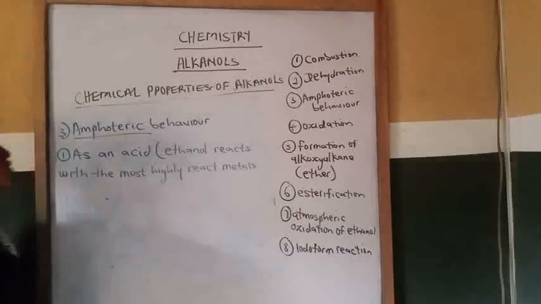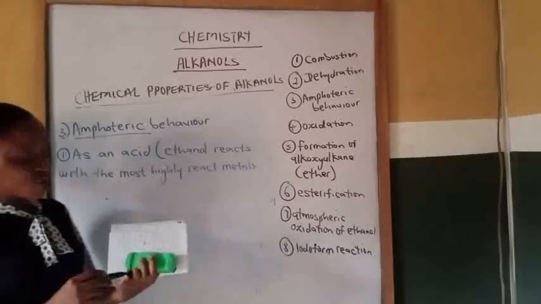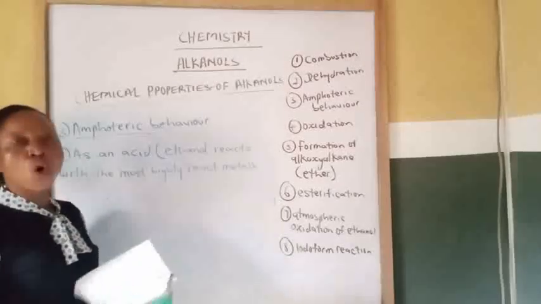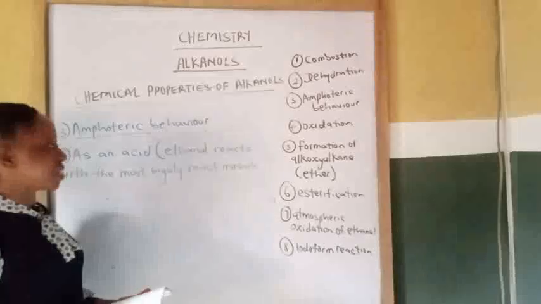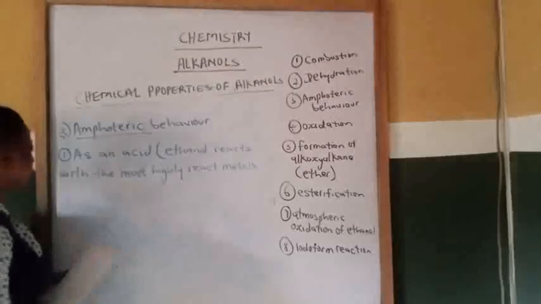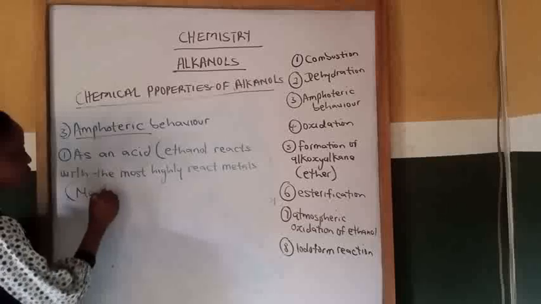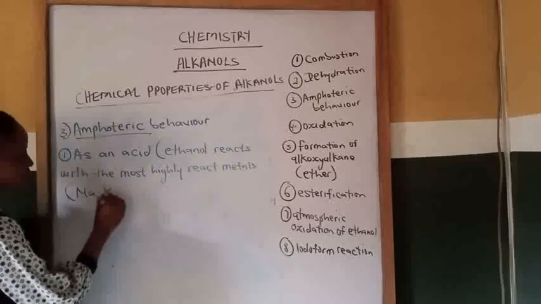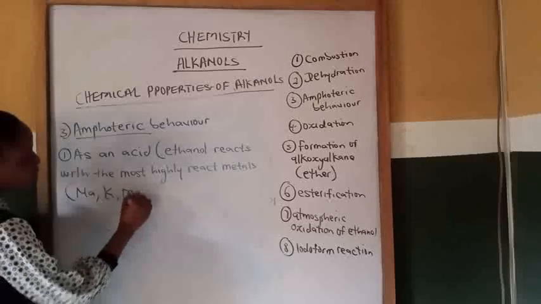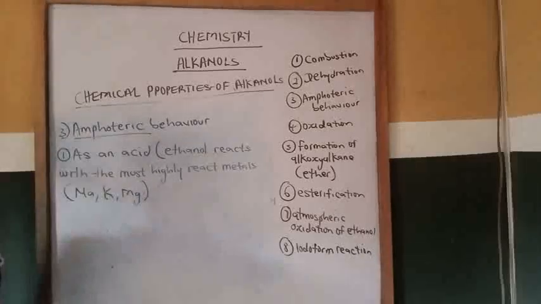So ethanol reacts with the most highly reactive metals, that is the group 1 and group 2 metals, such as sodium, potassium, magnesium, and so on and so forth.